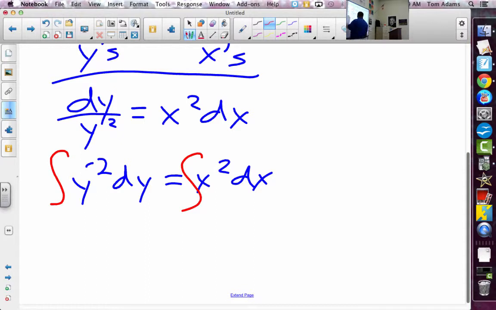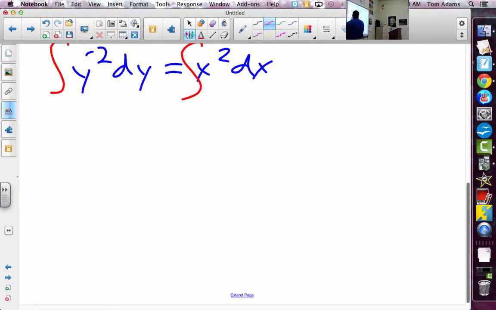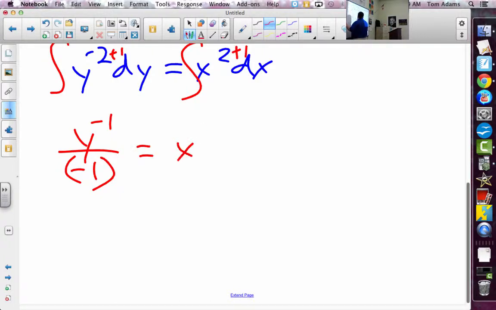Now, to integrate a monomial raised to a power, we're just going to add 1. So that gives me y to the negative 1, and then we divide by whatever that number is. That's equal to add 1, x to the third, and then divide by whatever that number is. And then we tack on the plus c here.